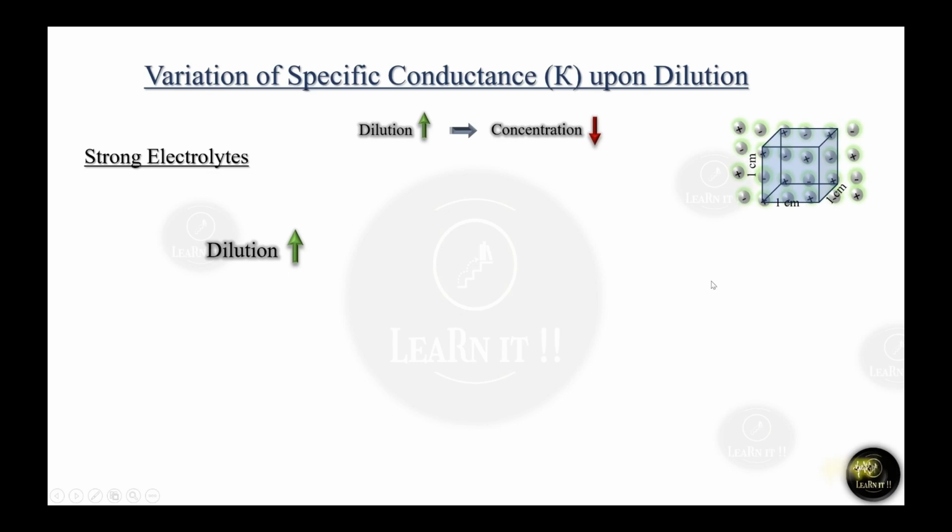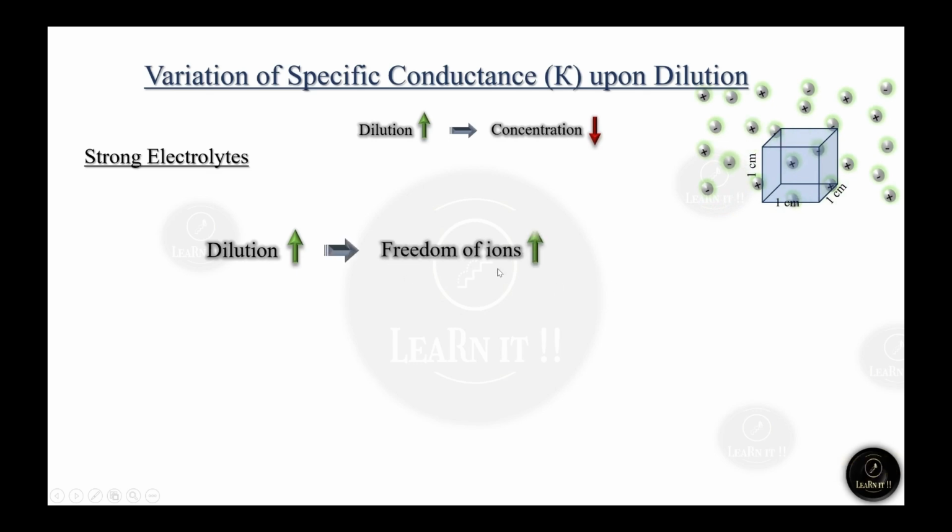If we increase the dilution, the freedom of ions increases, but the number of ions present in 1 cc of the volume decreases. That's why specific conductance decreases.